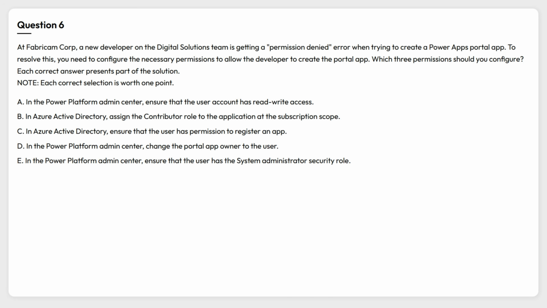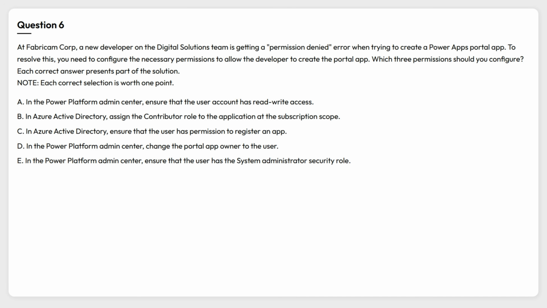Option A. In the Power Platform Admin Center, ensure that the user account has read-write access. Option B. In Azure Active Directory, assign the contributor role to the application at the subscription scope.